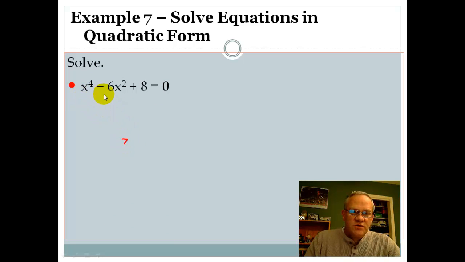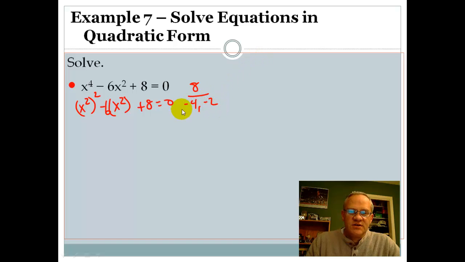So again, here we got x squared as the variable. That means this has got to be x squared, squared, and minus 6 here. So what I'm trying to do is find out what times what is 8, but adds up to negative 6, and so I'm going to say, well, that's a negative 4 times a negative 2.